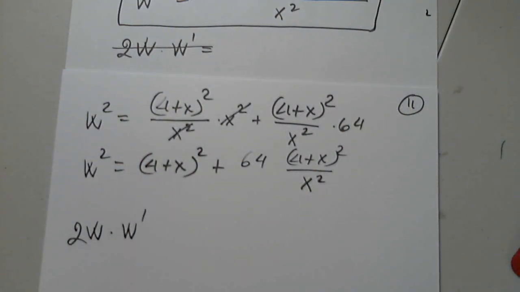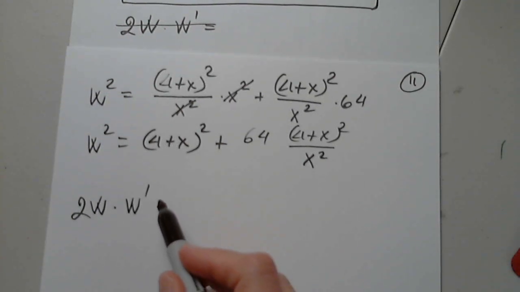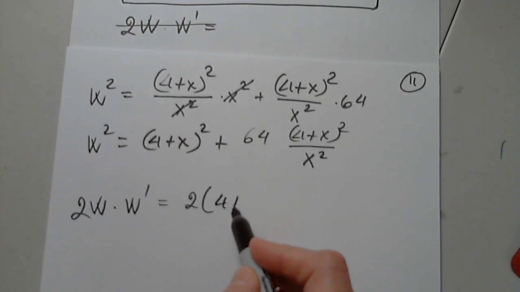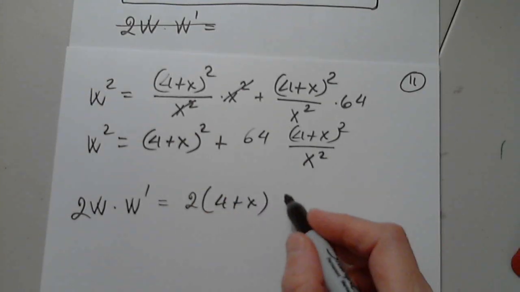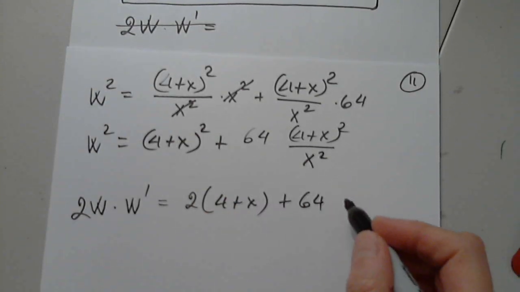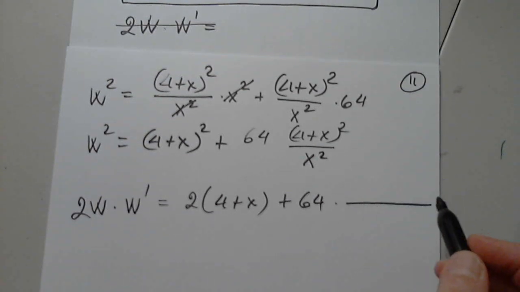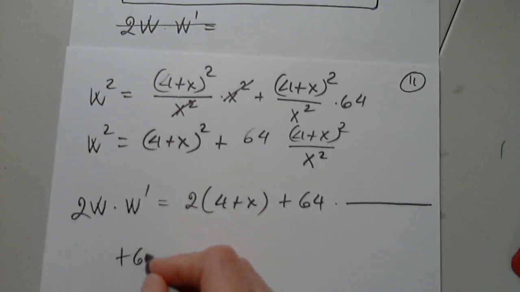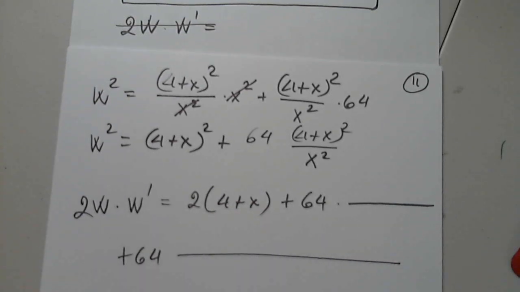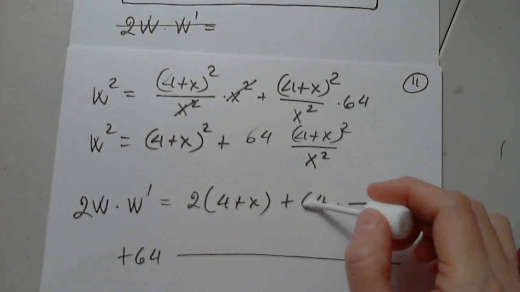2w times w prime equals 2, 4 plus x times the inner function prime plus 64. But now I have to use the quotient rule. I still don't have a choice. There must be an easier way somehow that I didn't find right away.